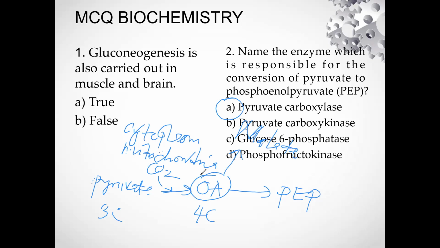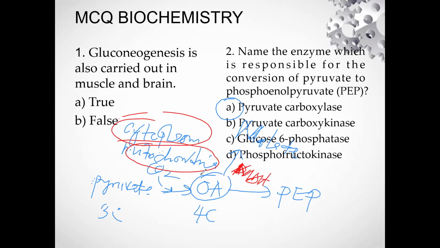The enzyme is called malate dehydrogenase, and it is found both in the mitochondria and the cytosol.